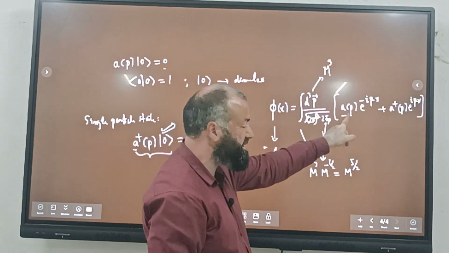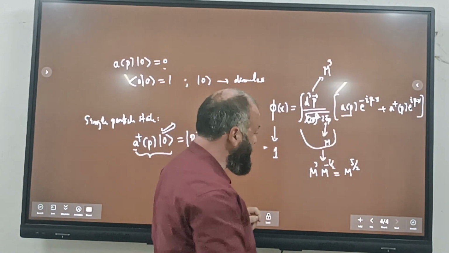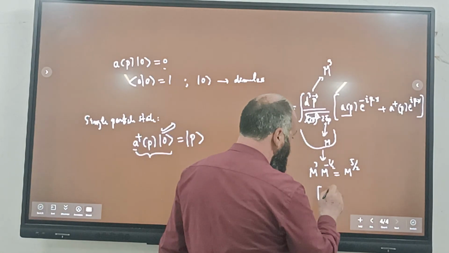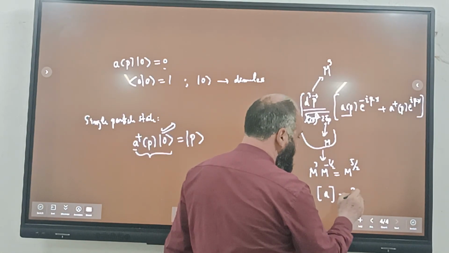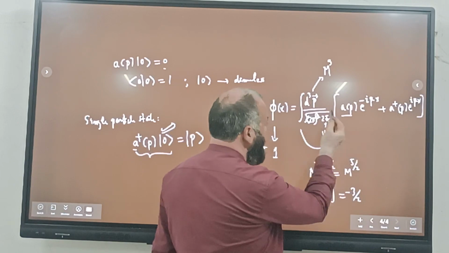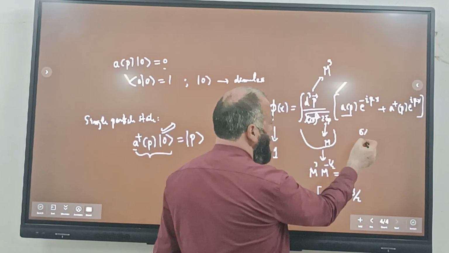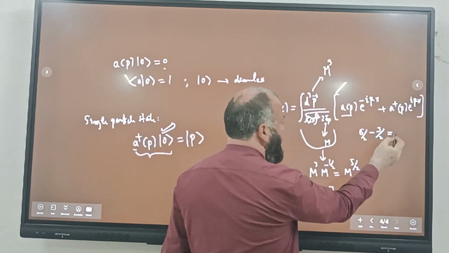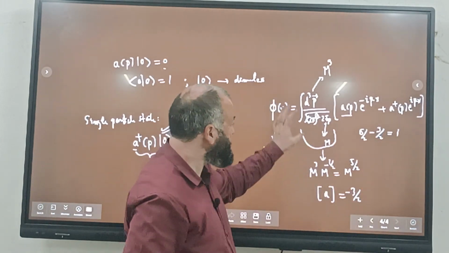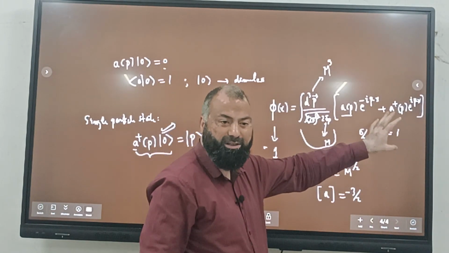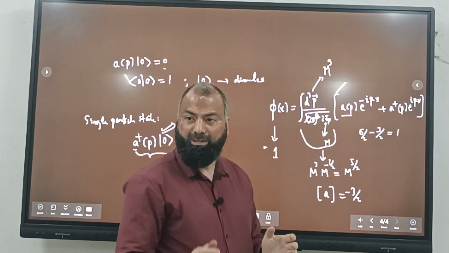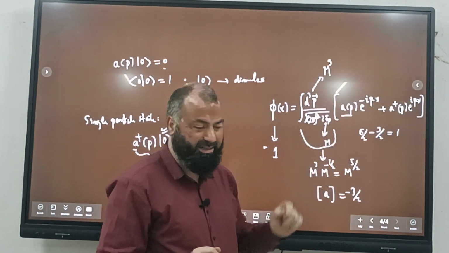So that will fix the dimension of this A. The dimension of A must be equal to minus 3 by 2. Now 5 by 2 minus 3 by 2 is 1, so the dimension on this side is also 1. Got it? This is a very trivial exercise.